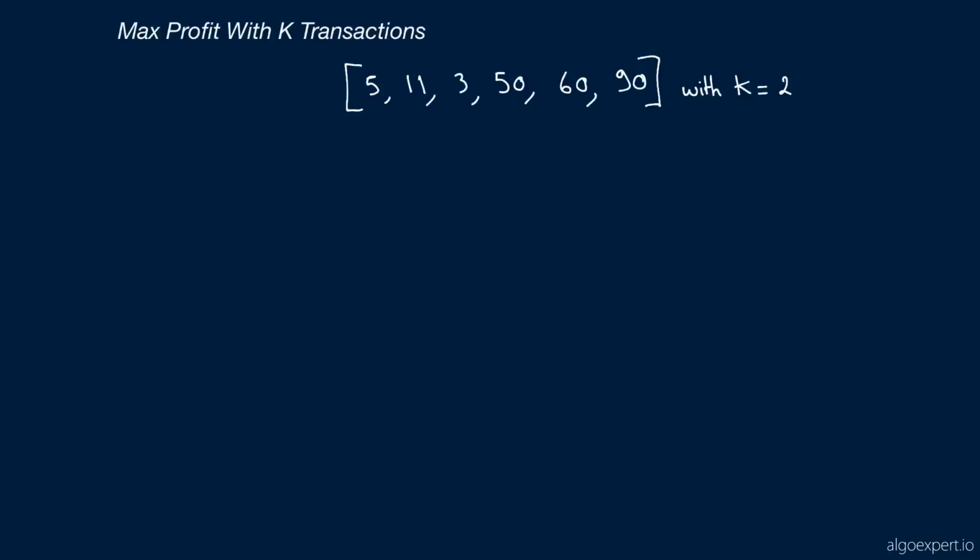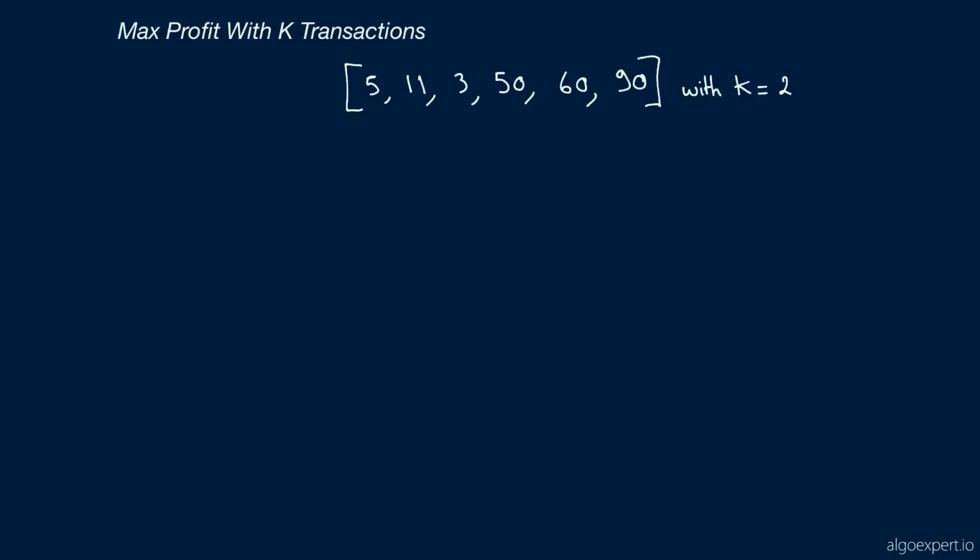Basically, we're given an array of integers, like the one that I have in front of me here, 5, 11, 3, 50, 60, 90. And then we're also given an integer value, k. In this case, it's going to be k equals 2. And the array represents a bunch of different prices for a single stock on different days.